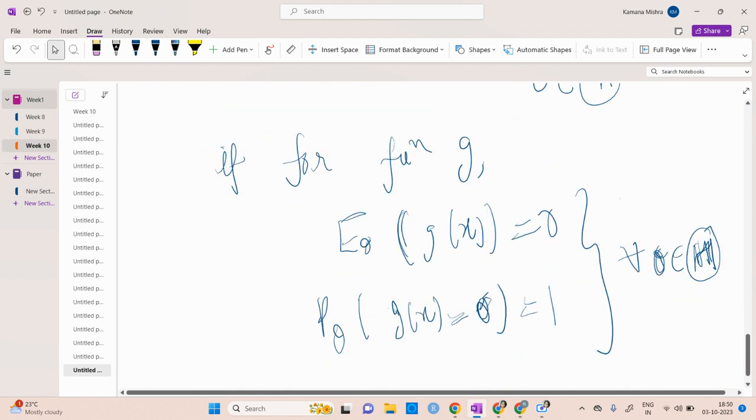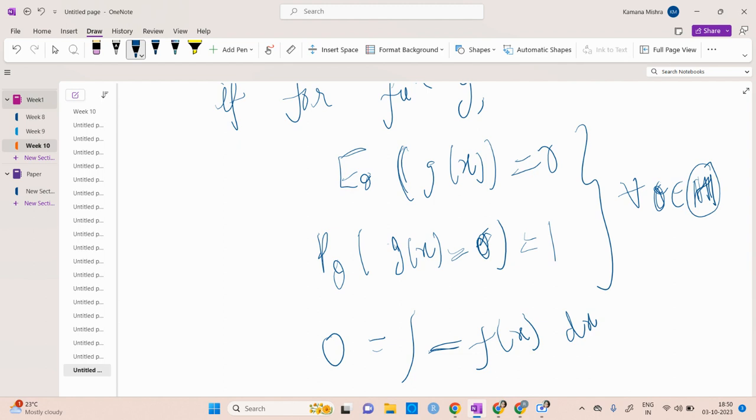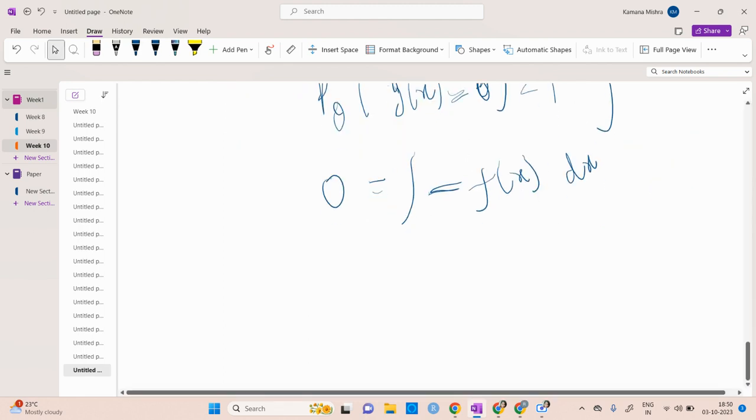So basically if we have something f(x) dx equal to 0, then this itself needs to be 0. If expectation of any function is 0 but that function itself is not 0, then that means that is not complete.